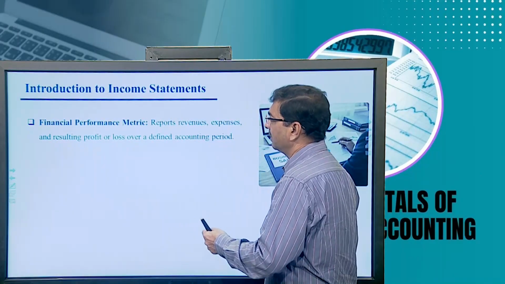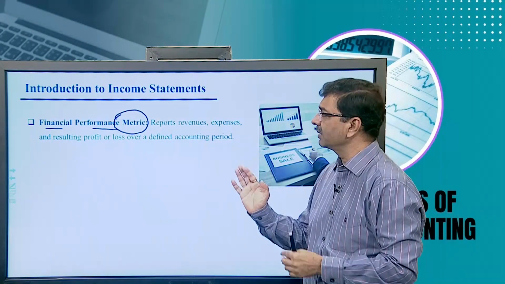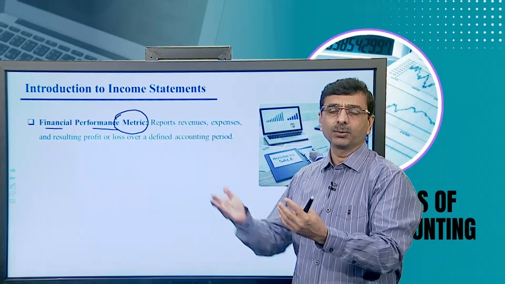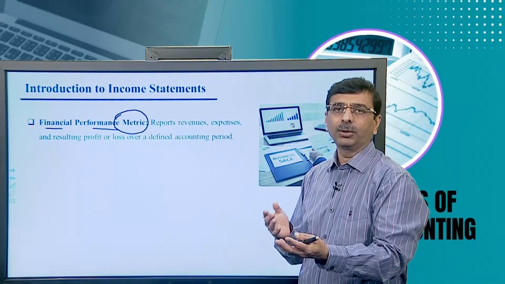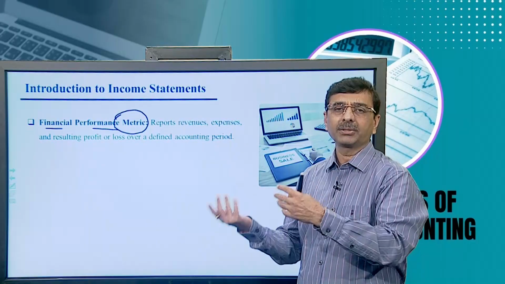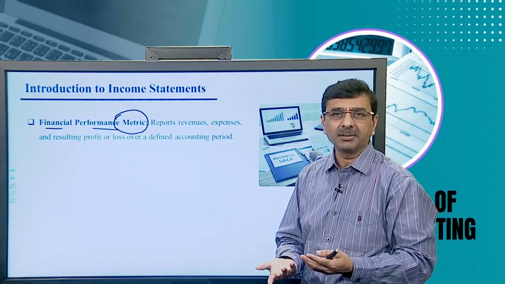Introduction of the income statements: it shows the financial performance metric, correct? Ultimately, the financial statement metrics are to be disclosed through this income statement. How will it show? It shows purchases, sales, opening stocks, closing stocks, maybe purchase expenses.